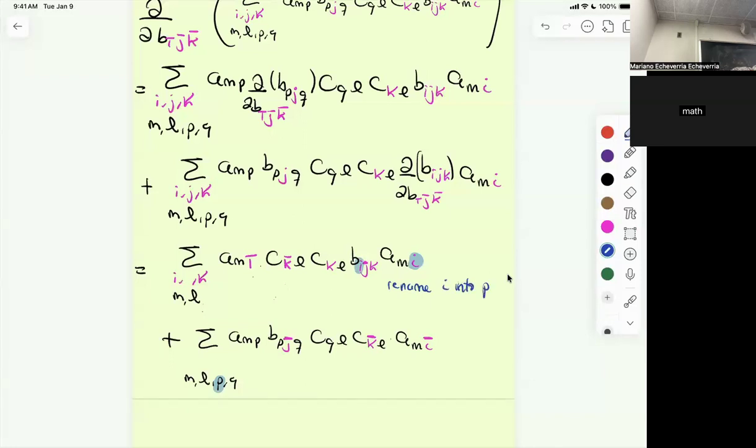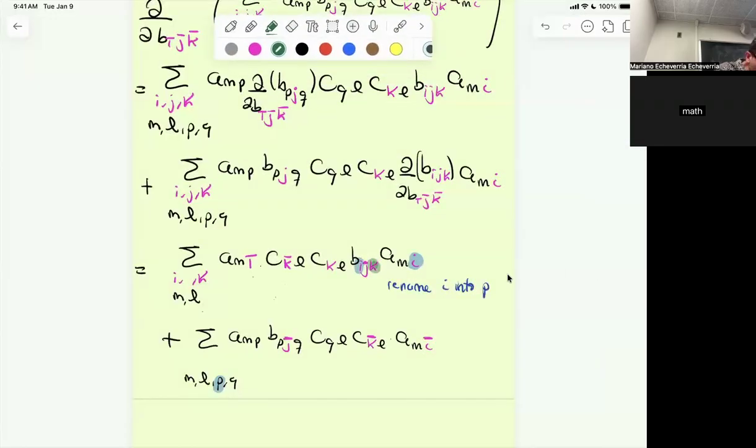What else am I going to do? Let me check with the K. I think that's the other one I wanted to relabel. So again, I'm just going to change the indices for the first sum.